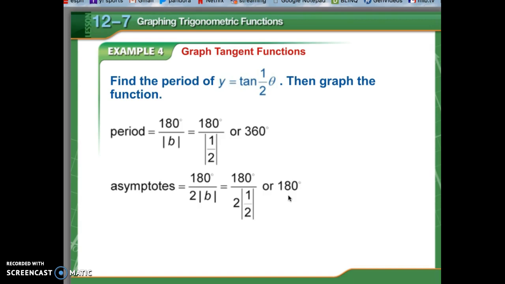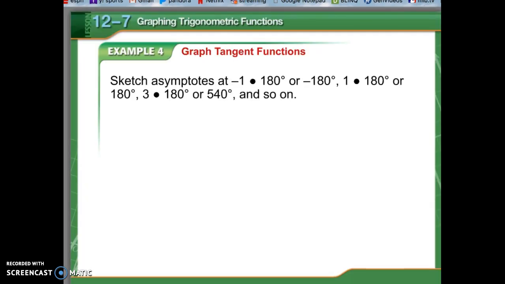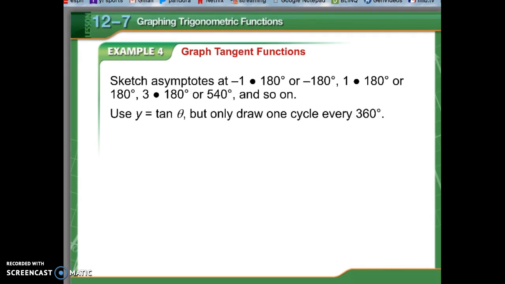This time they're going to be at 180, 360, 540, etc., and then 720. So the key now is, we're going to sketch the same graph that we saw in the key concept, but this time we're only doing one cycle for 360 degrees instead of every 180 degrees.